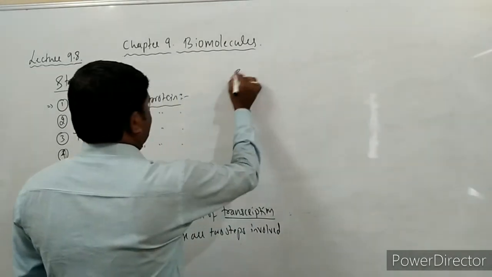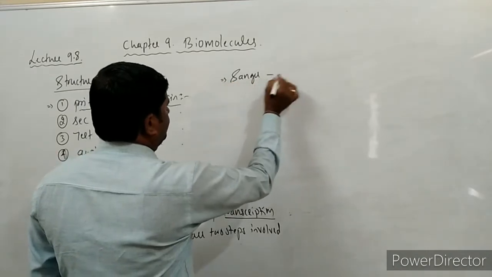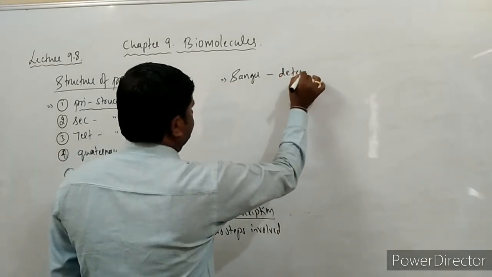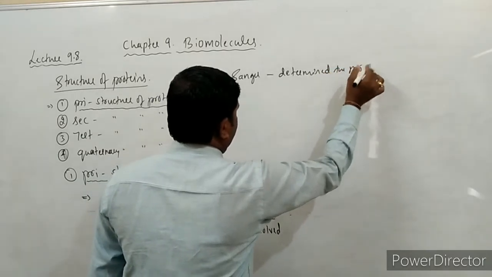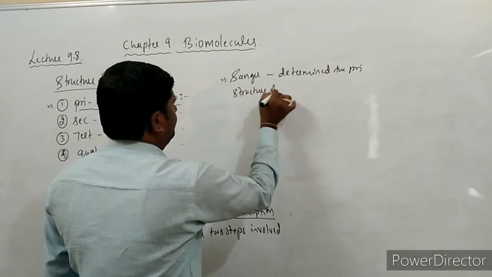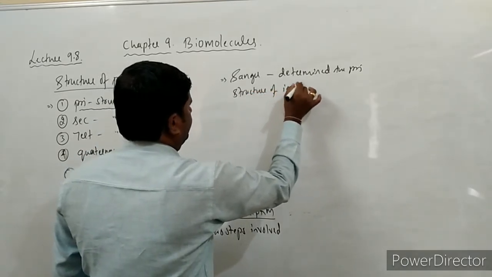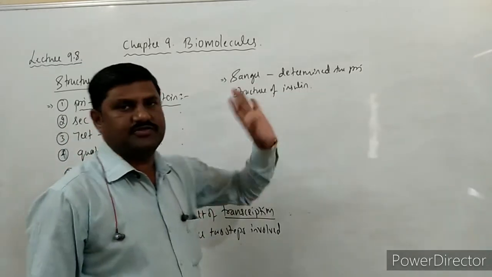Sanger is the name of the scientist who determined the primary structure of insulin.